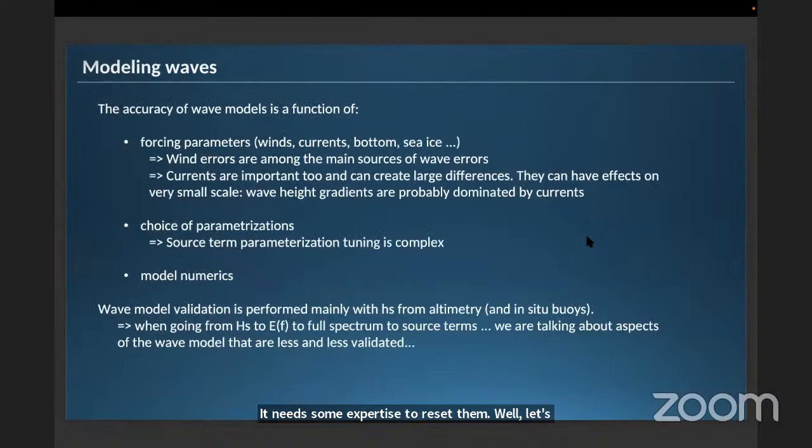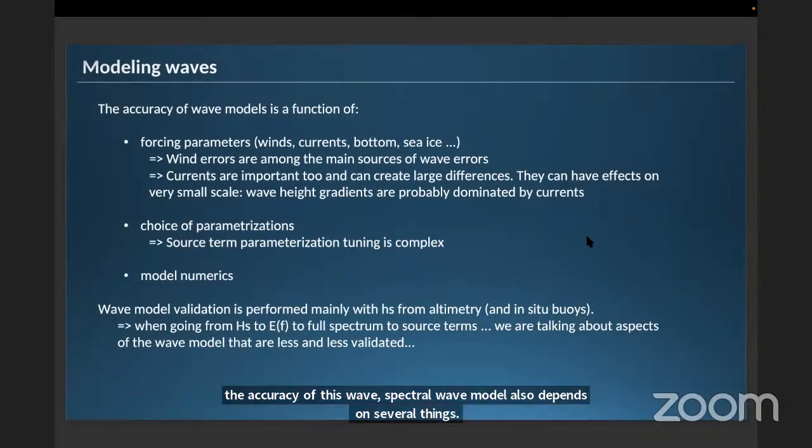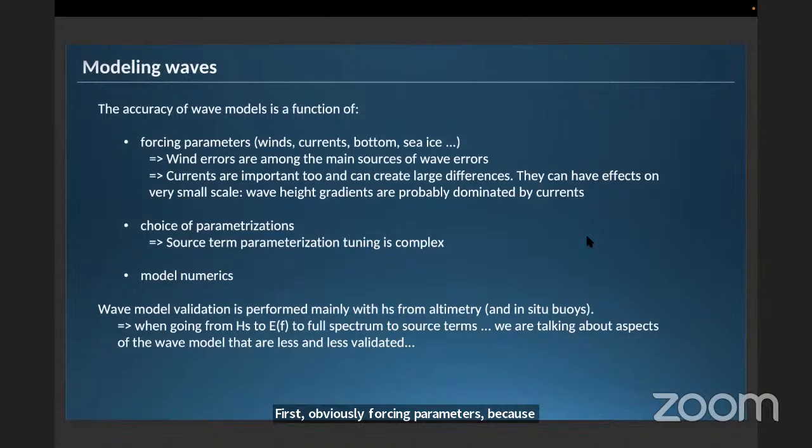So the accuracy of these spectral wave models depends on several things. First, obviously, forcing parameters, because it's strongly dependent on the wind quality that you prescribe, and also on the current, where you have a strong impact of wave-current interactions. It's very sensitive also to the bathymetry.